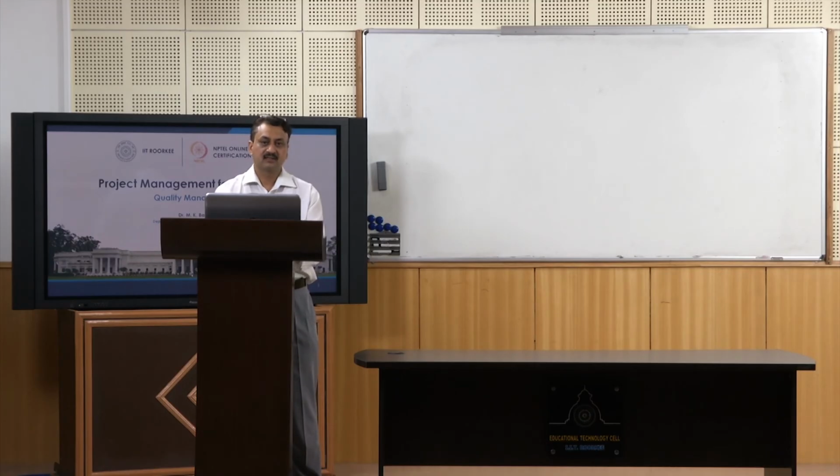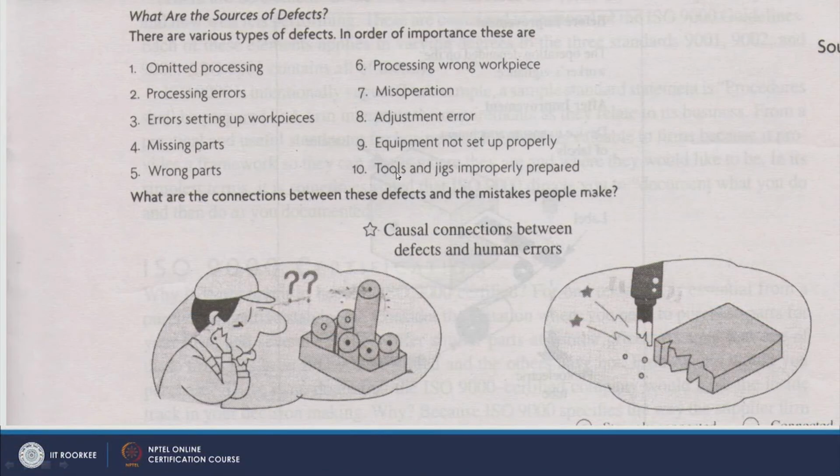As I said, the reasons for defects are because of employees, right, and due to some other reasons as well. So the reasons could be, let us say, omitted processing, errors maybe due to wrong parts, or errors due to tools and jigs improperly prepared, isn't it.